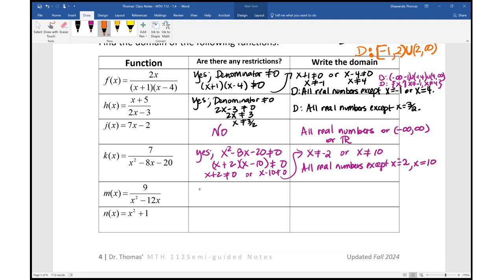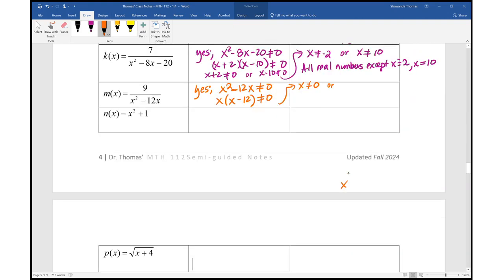All right, let's move on to m of x. M of x here, again, we don't want our denominator, x squared minus 12x, to equal 0. So we factor here. The GCF is x. So x times x minus 12. We don't want x to equal 0.